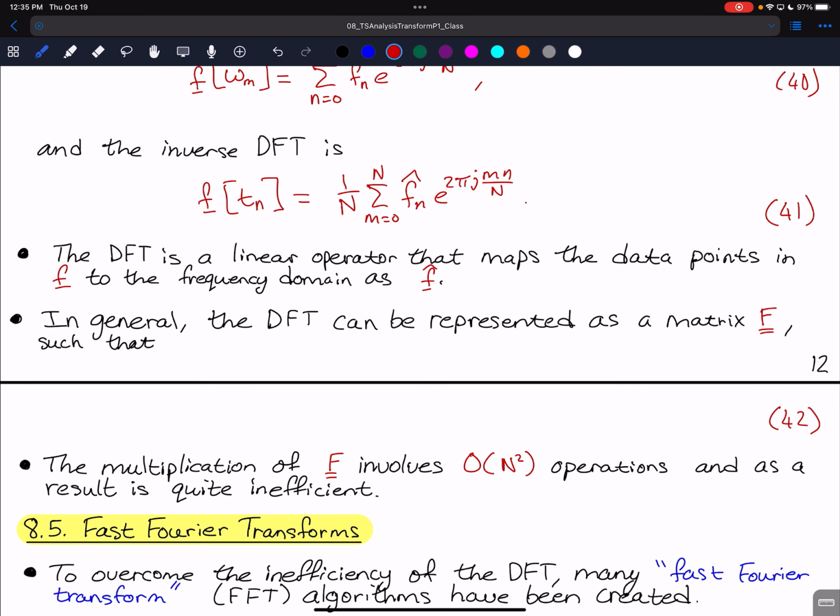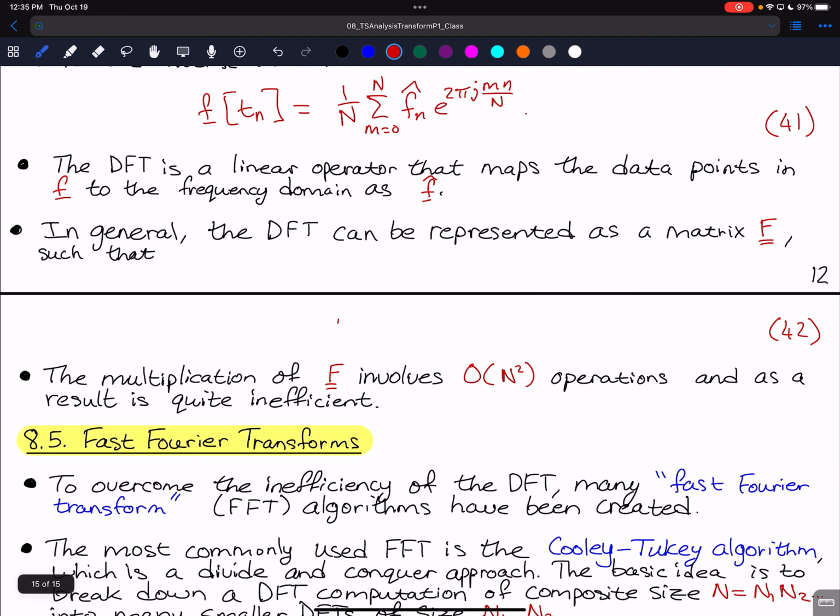We can call that big F with a double underline, such that we can simply say that f hat is equal to big F times little f, just a simple multiplication of a matrix with a vector. And it turns out that this kind of computation is generally inefficient. It requires on the order of big N squared operations.